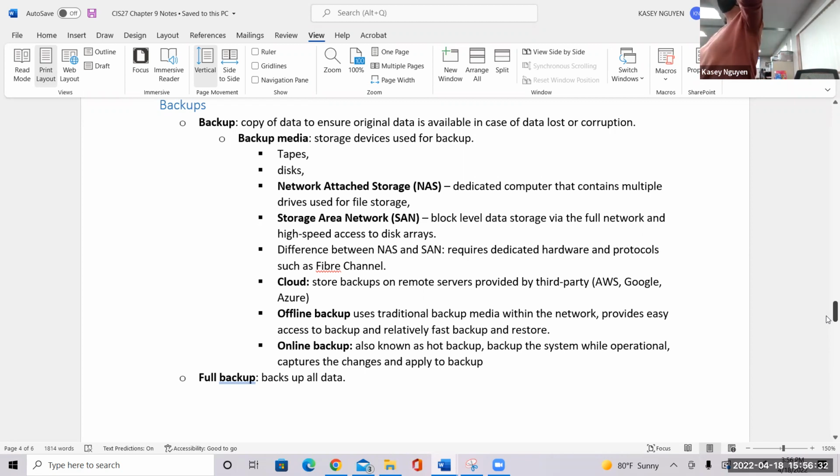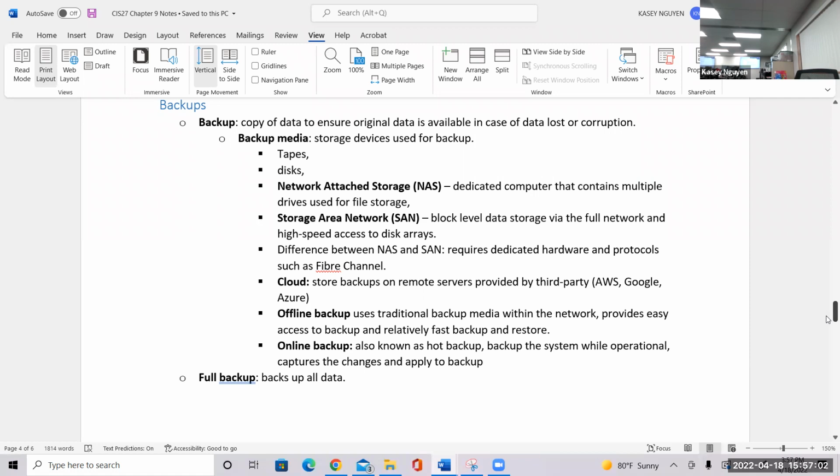The difference between NAS and SAN, even though the acronyms are just swapped, is that the SAN requires a specific protocol and specific hardware that's pricier. On the network attached storage, you can make it a server with a dedicated drive for the network to attach.